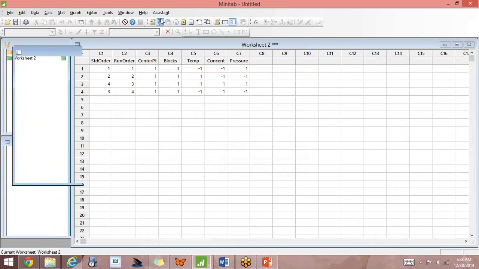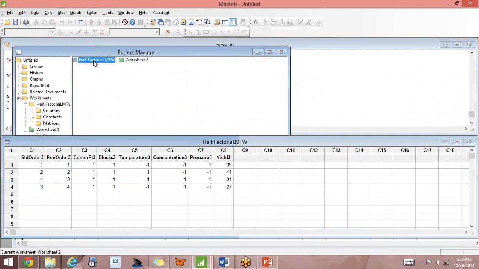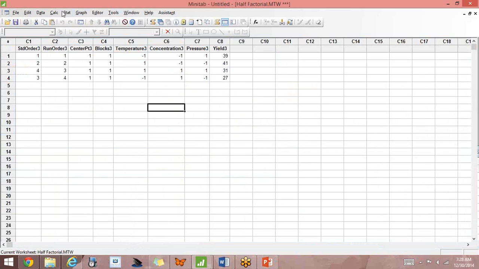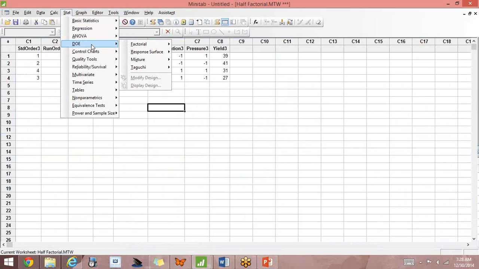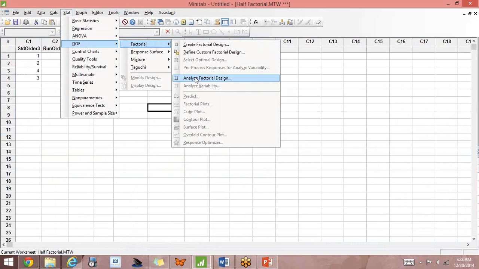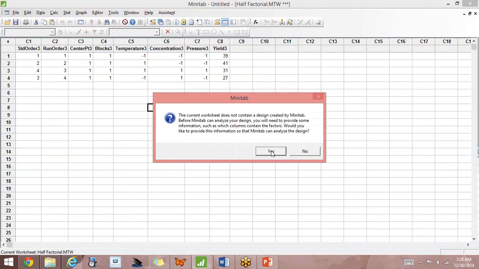Okay, I think we have got to the wrong step. Let me go here. Start, Design of Experiments, Factorial, Analyze Factorial Design.